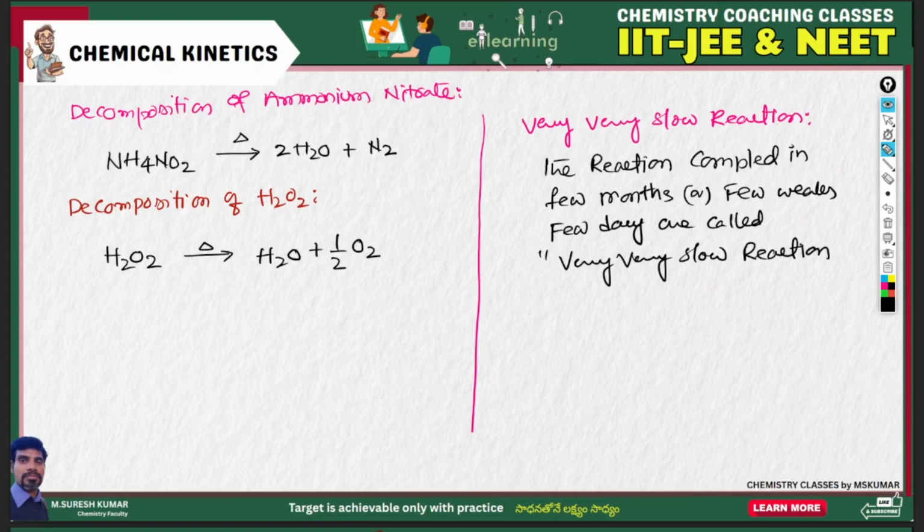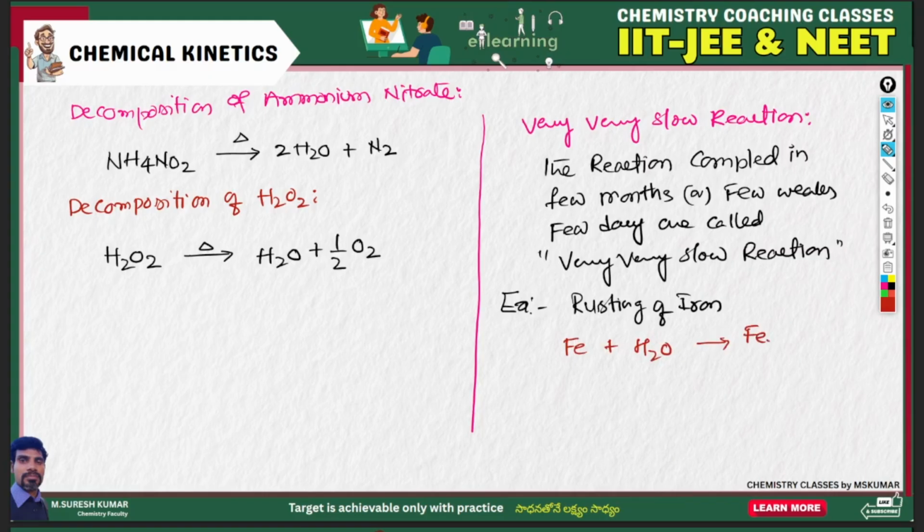Very slow reaction, best example: rusting of iron. It takes a few months or a few years or a few weeks or a few days. Okay? In rusting of iron, simply what happened? The iron reacts with water, moisture, and it produces what?